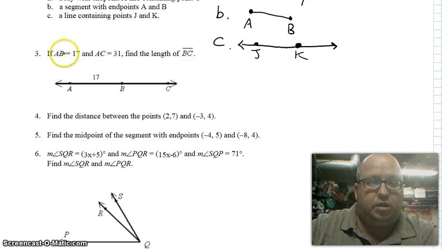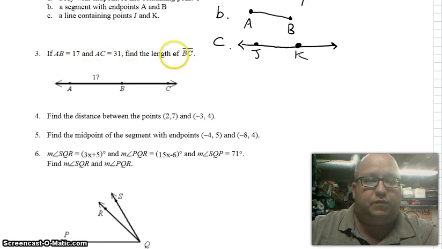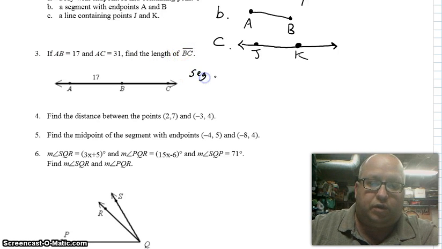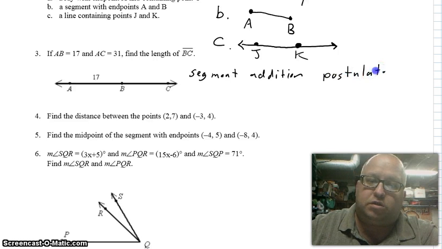All right. Number 3, if AB is 17 and AC is 31, find the length of segment BC. This uses a thing we call the segment addition postulate.